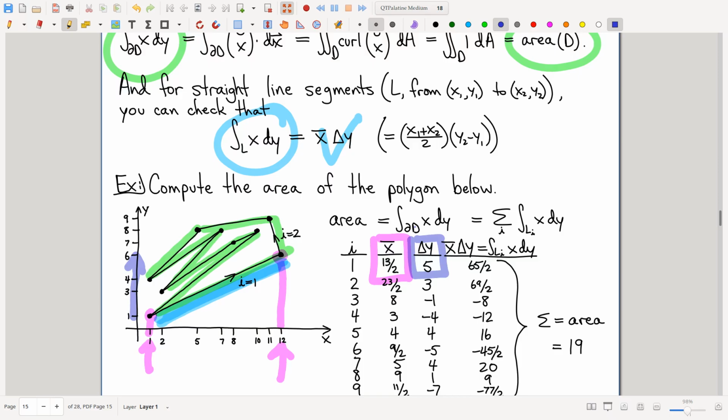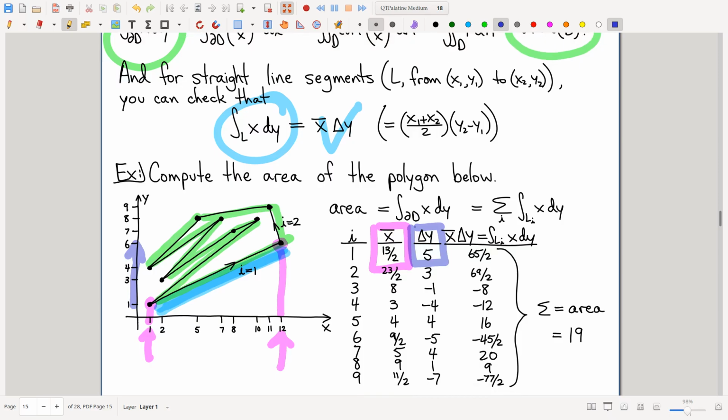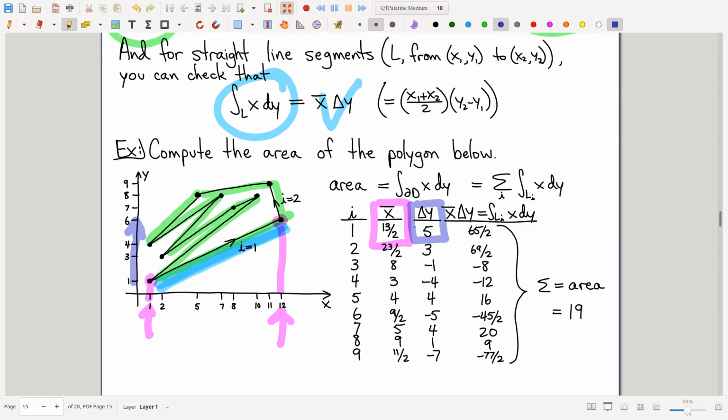And then you just have to add that up over each of the line segments going all the way around, so you trace out the entire boundary. And when you do that calculation, multiplying for each and then adding up over the entire boundary, what you get is a nice, crisp, convenient answer that computes the area here for you.